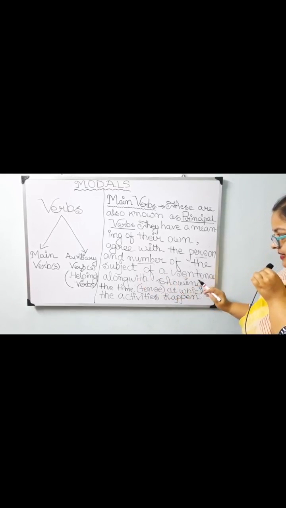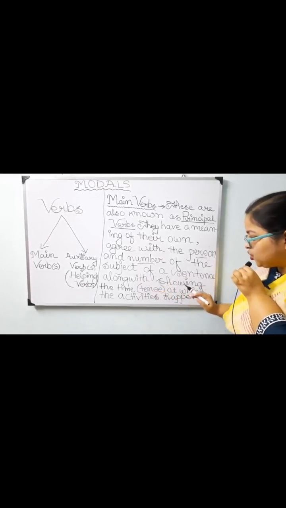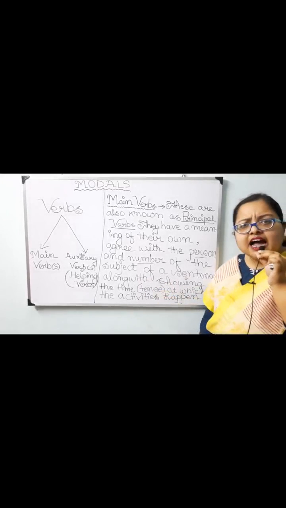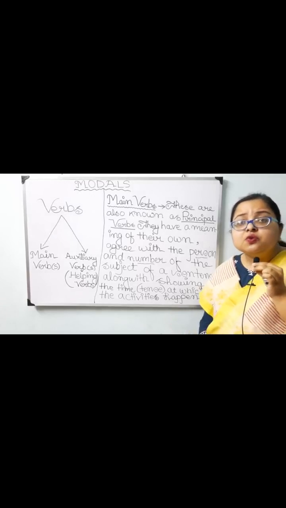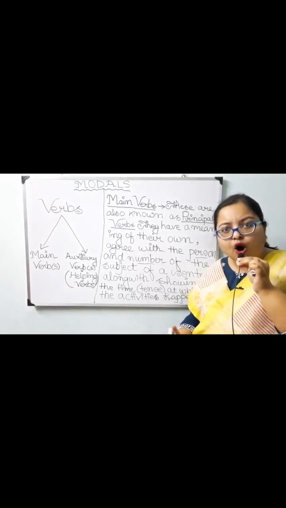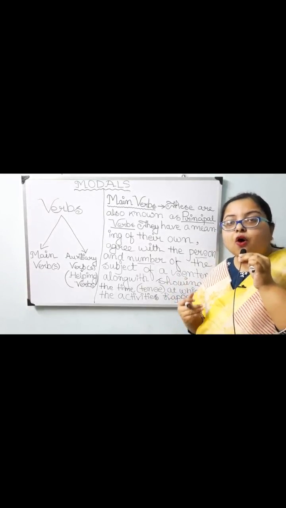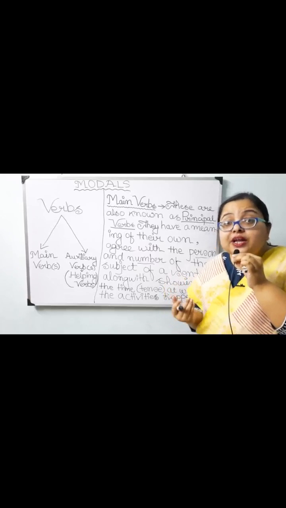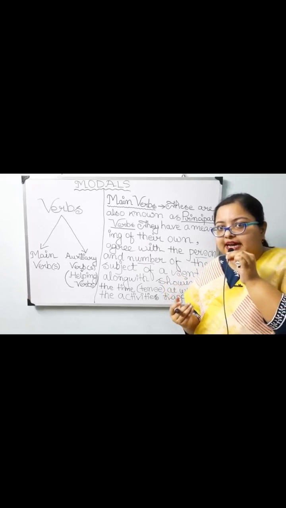Subject of a sentence along with showing the time. Time over here, students, means whether that activity is in the present time or past, or it will happen in the future time.